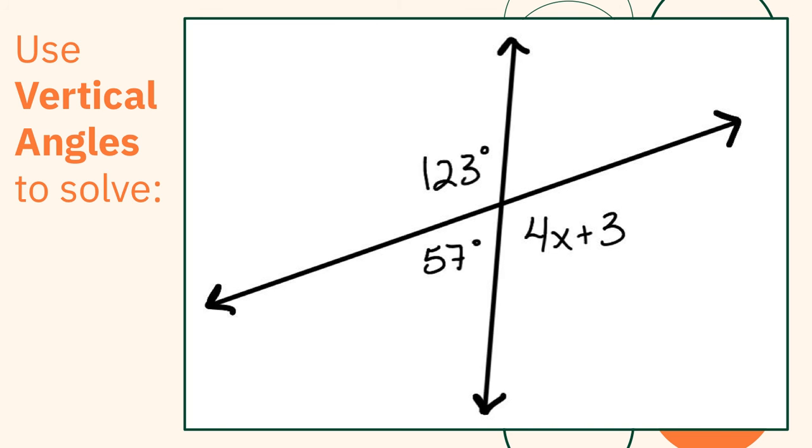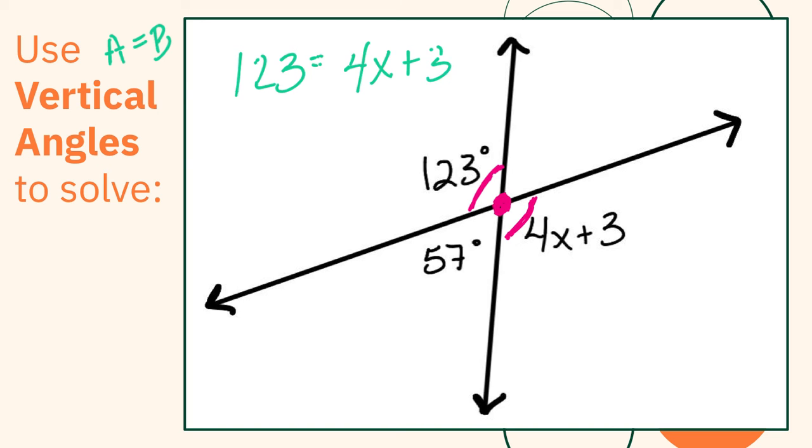For this problem, I will use vertical angles to solve. Remember, vertical angles come about where I could fold my x on top of itself and the two angles would be congruent. So this one means that I need these two. And when I have vertical angles, they are congruent. So A equals B. So then I'm going to take my two angles and I'm going to set them equal.